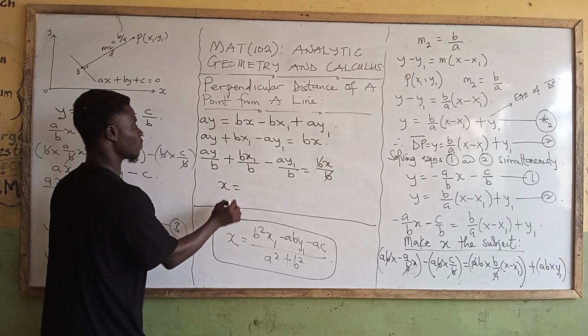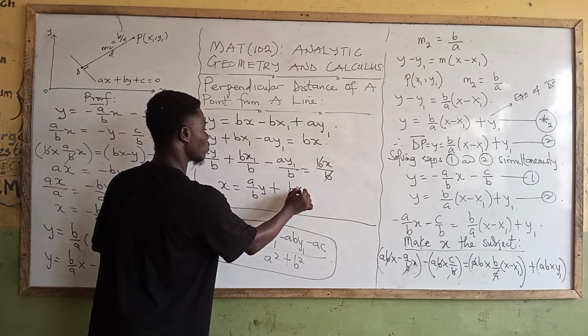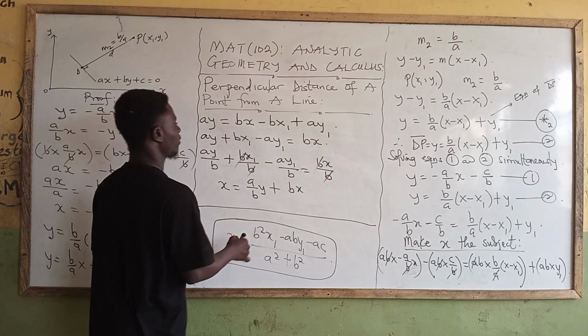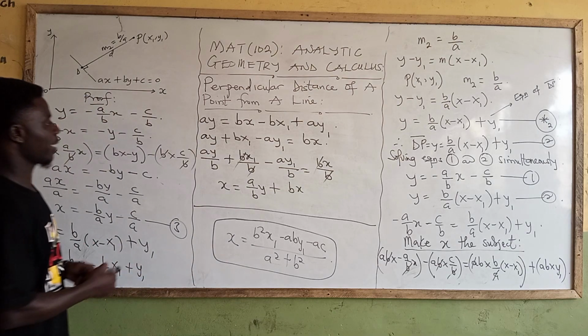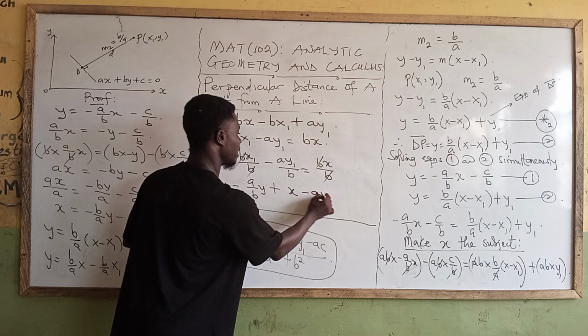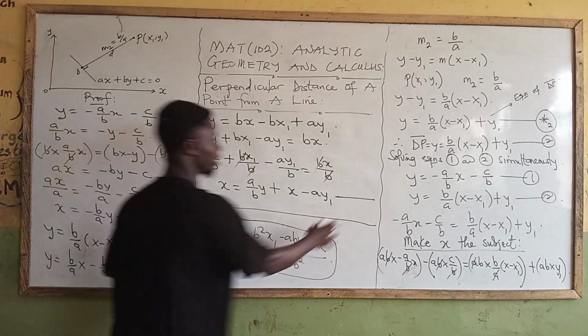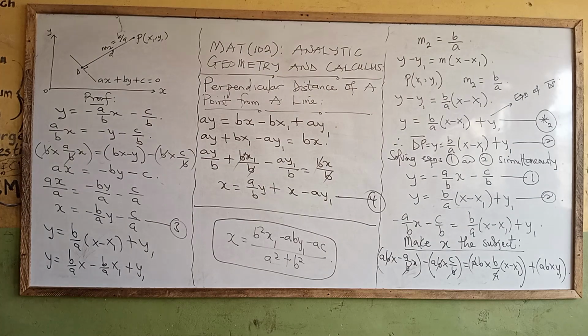Then we get x equals a over b y plus x1, minus ay1 over b. So I can label this one as equation 4.